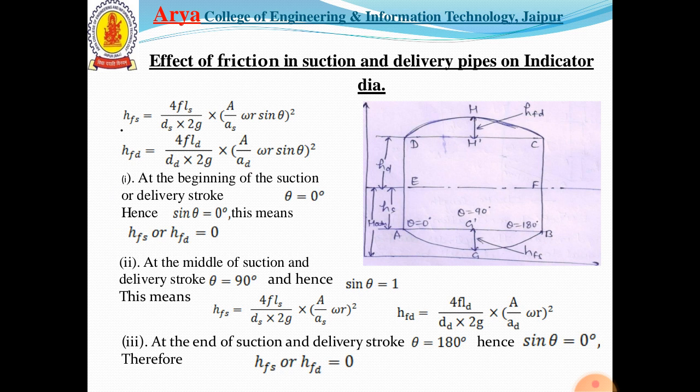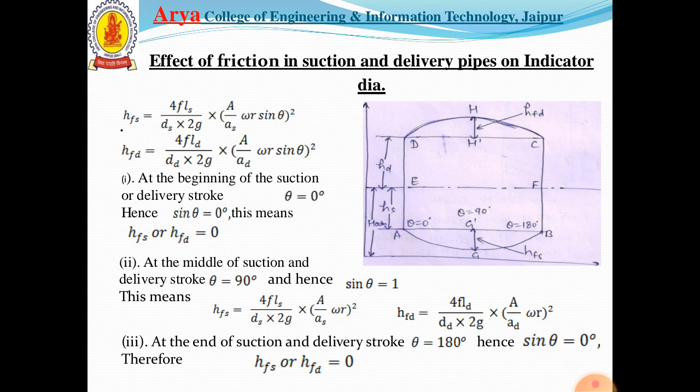First point, at the beginning of the suction and delivery stroke, theta equals 0, hence sin theta equals 0, that means HFS and HFD equal 0. Second point, at the middle of the suction and delivery stroke, theta equals 90, hence sin theta becomes 1.